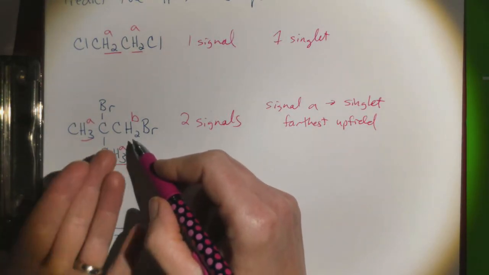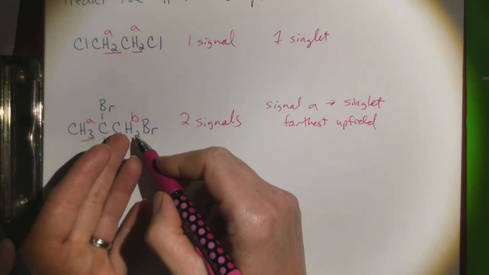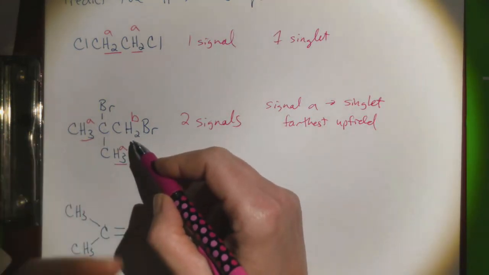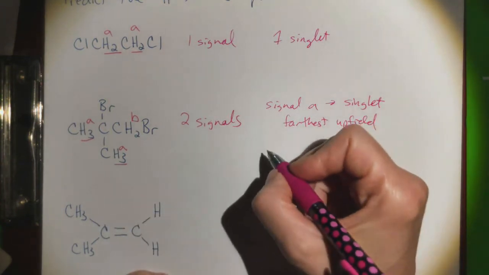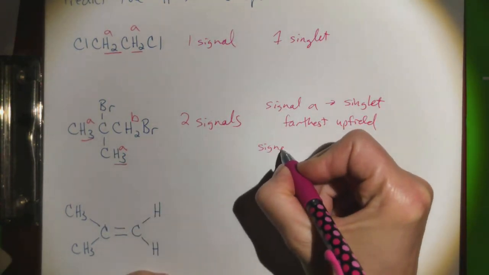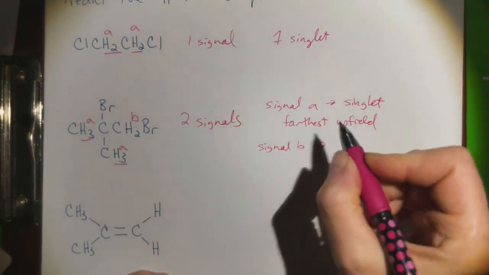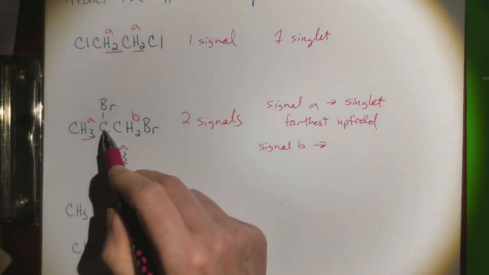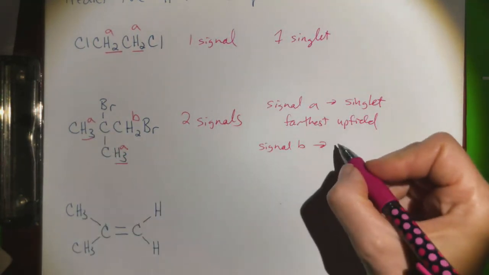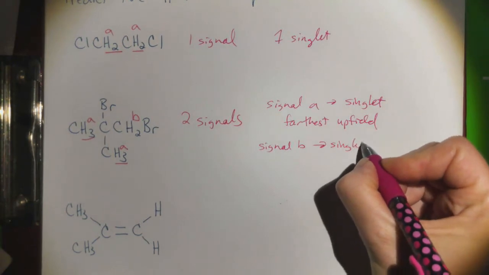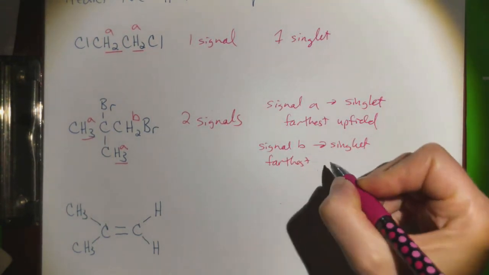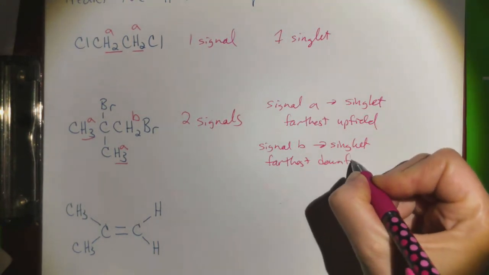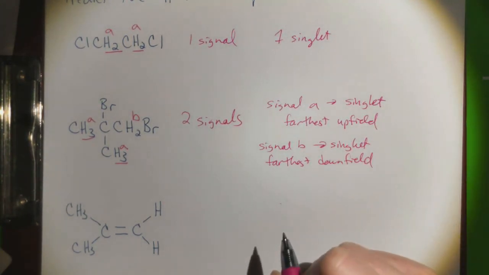When I say farthest downfield, I'm not talking like 10. This is still not going to be very far downfield, but it'll be more downfield relative to signal A. So for signal B, how many neighbors does it have? Well, 0 proton neighbors here, so it's also a singlet. And its signal will be farthest downfield. Let's do the integrations.